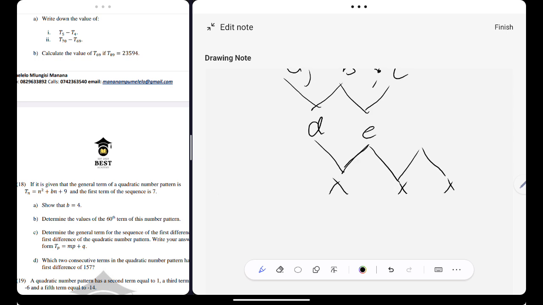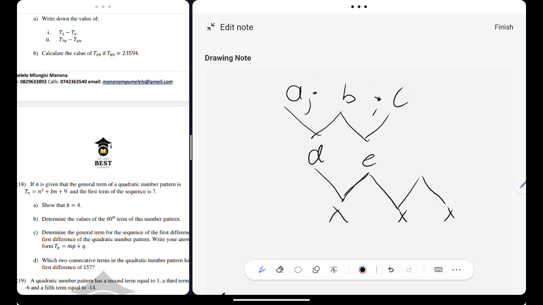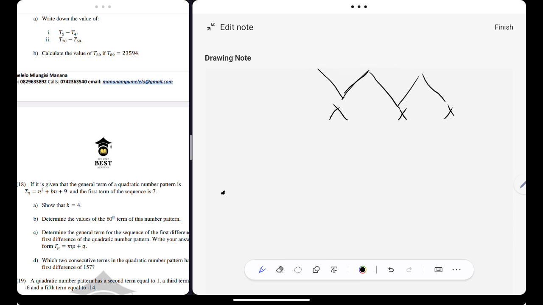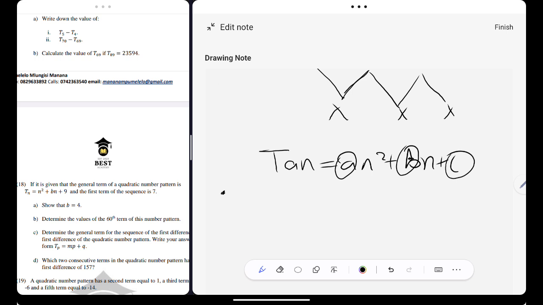For you to find the general term that will generate all the terms of a quadratic sequence, you need the values of A, B, and C.